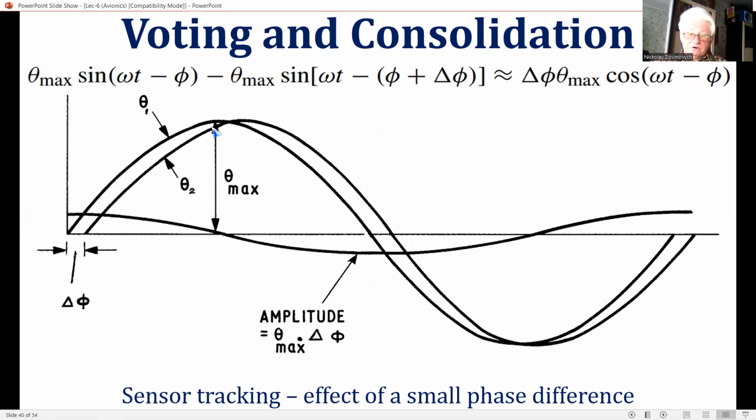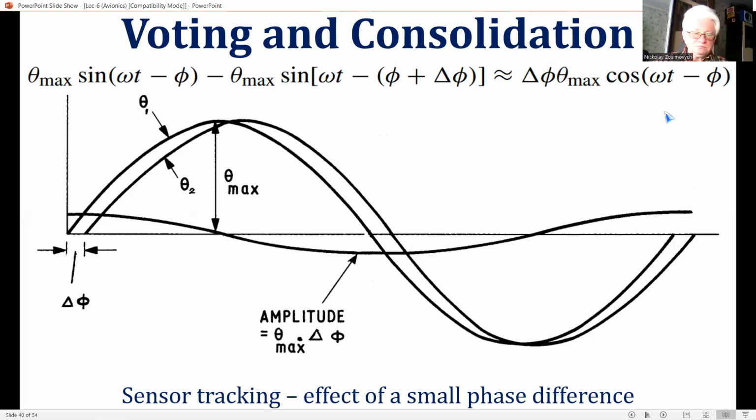And thus the difference between the two sensor outputs, as you can see in this expression, is theta maximum times sine of omega t minus psi, minus theta maximum times sine of omega t minus psi plus delta psi, and approximately equal to delta psi times theta maximum times cosine of omega t minus psi.